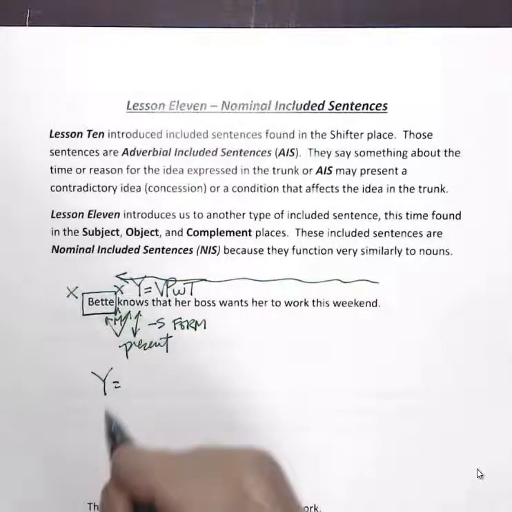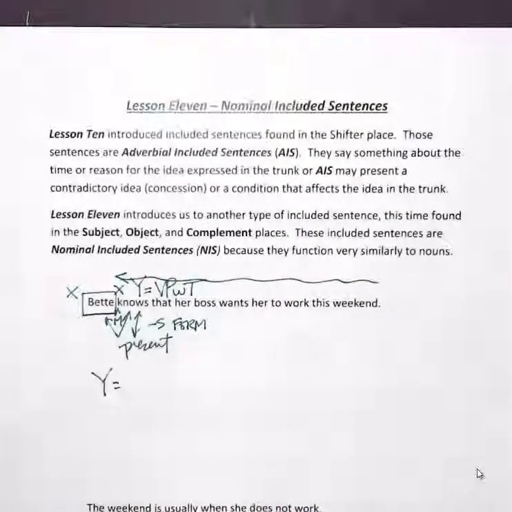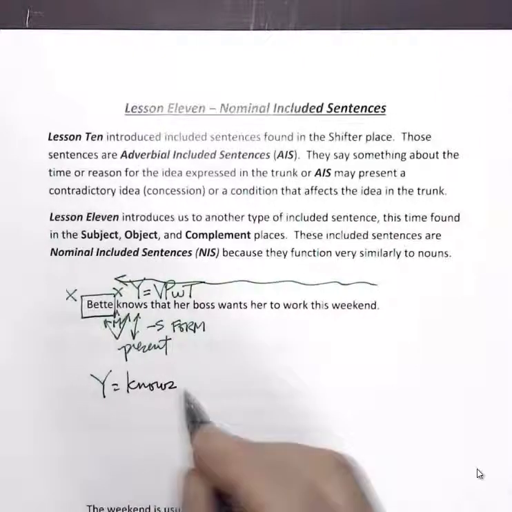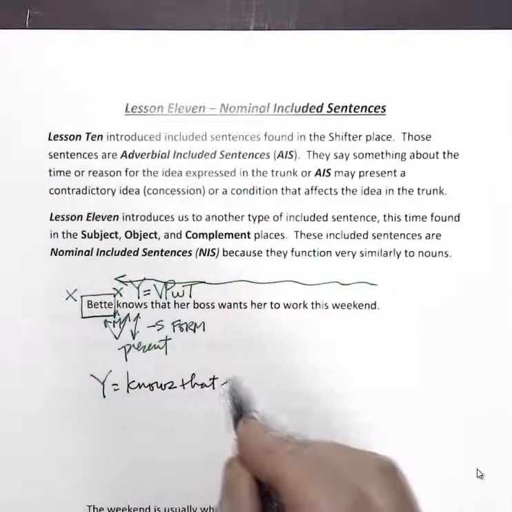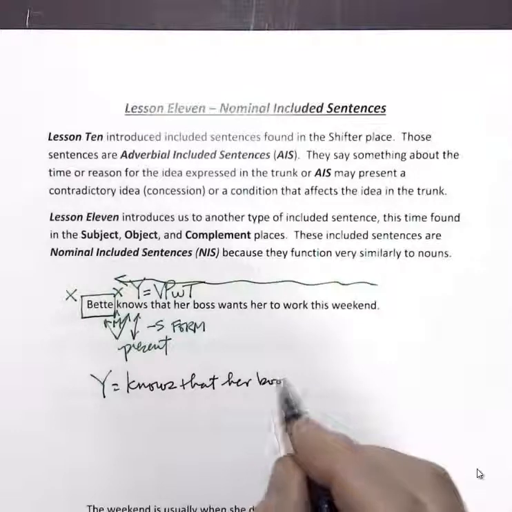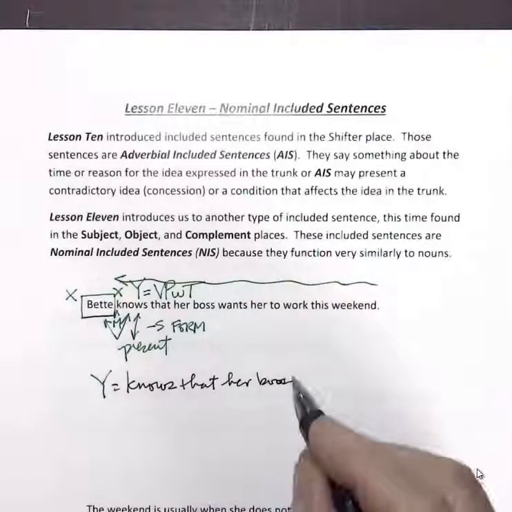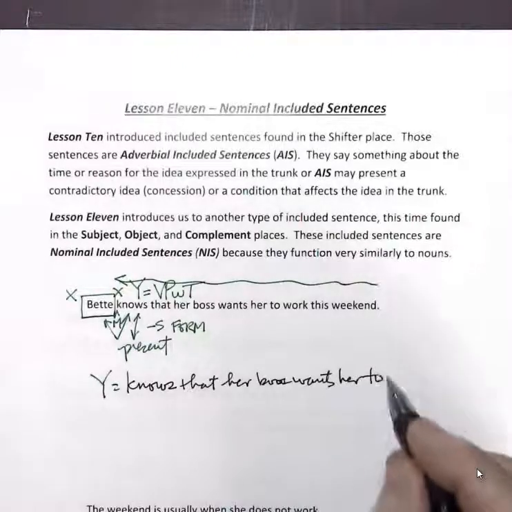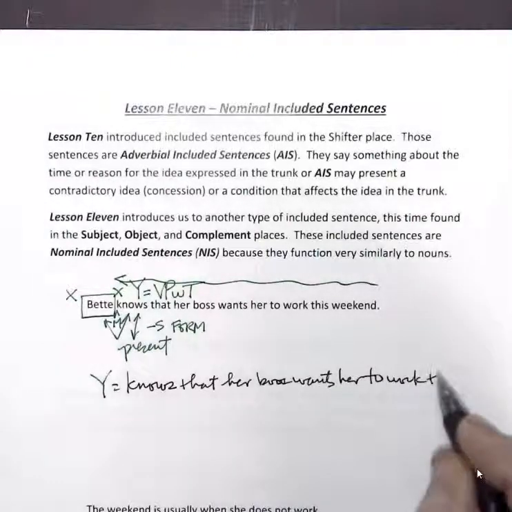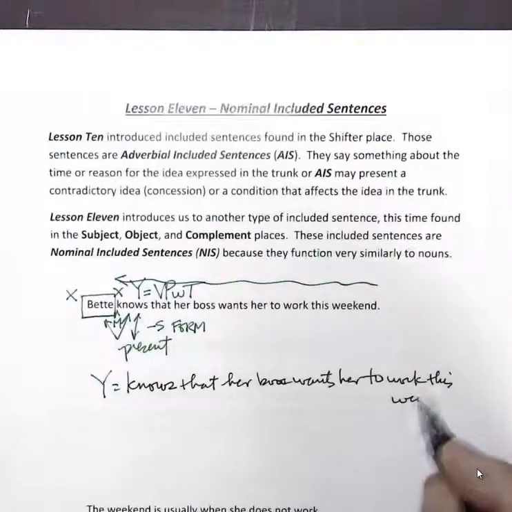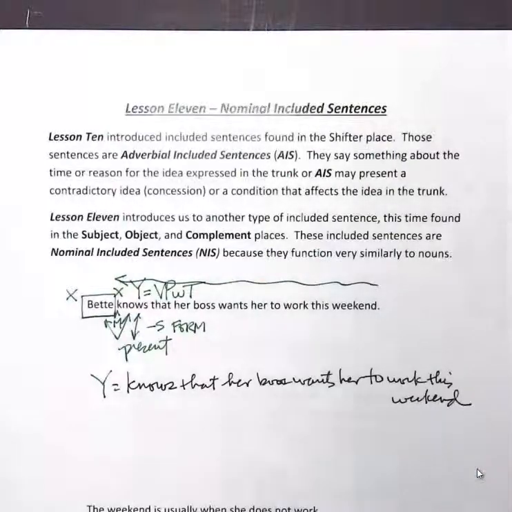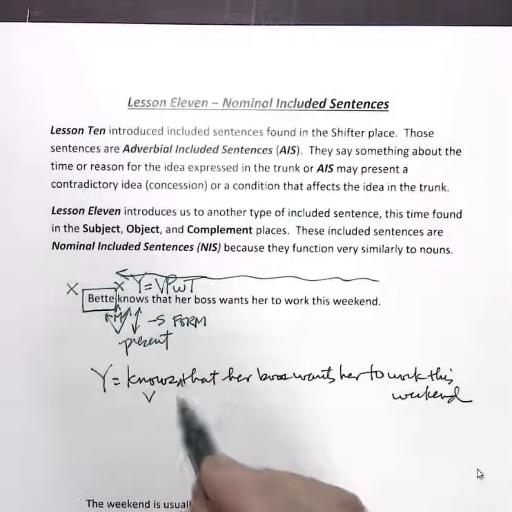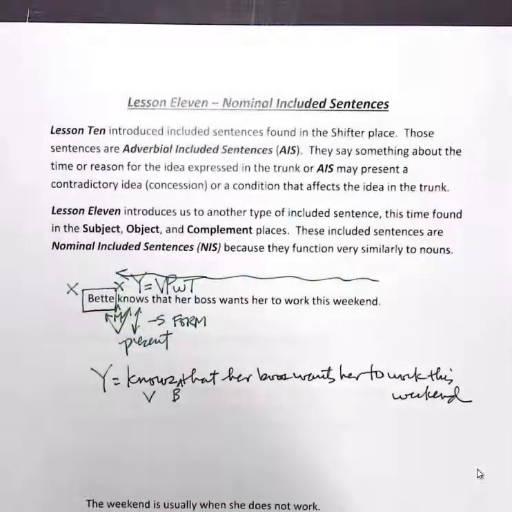As always, let's rewrite the Y. Knows that her boss wants her to work this weekend. Knows is the verb. Particle place is open, empty.